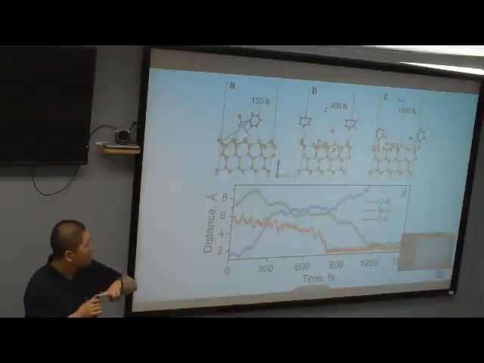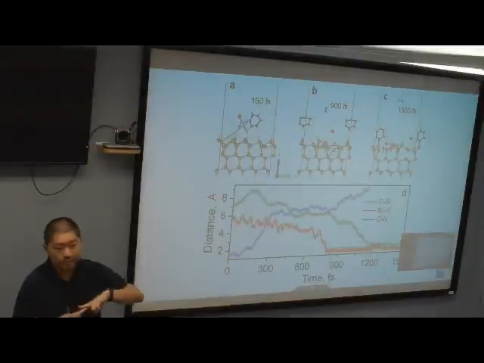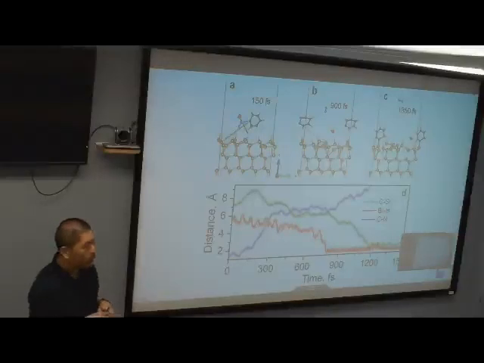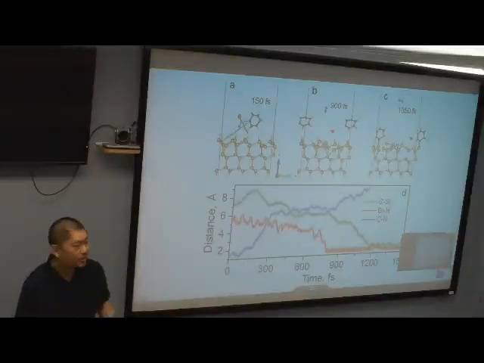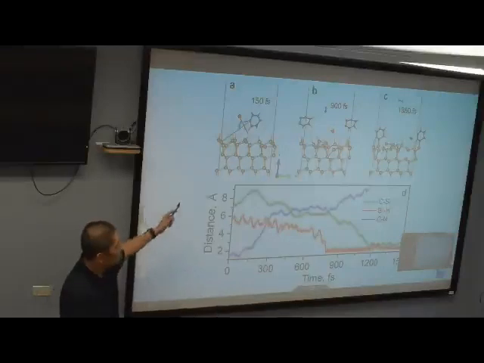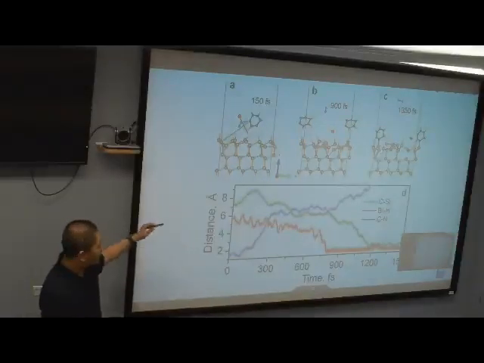The second is we want to reduce the duration of the trajectory. If we run molecular dynamics at 500 Kelvin, maybe the duration will be up to nanoseconds. Here we use 2000 Kelvin, and the duration is just 1 picosecond.